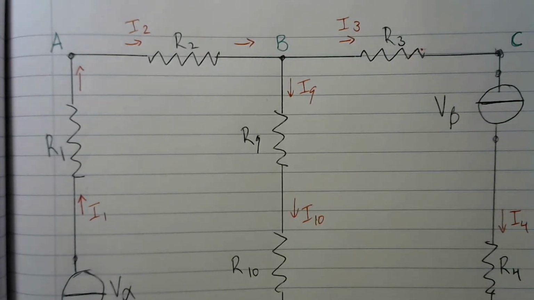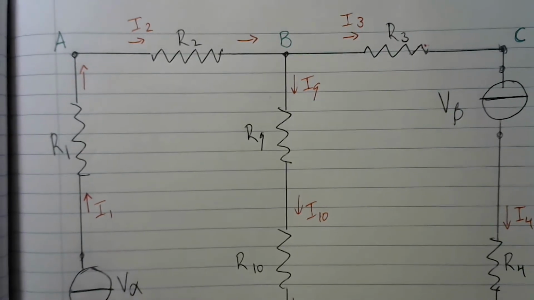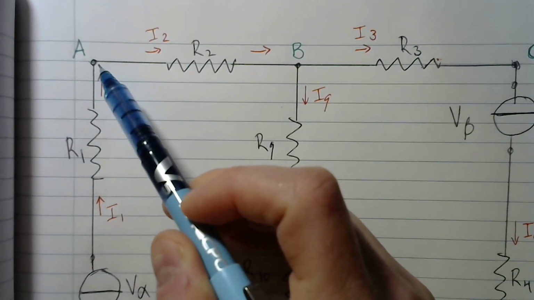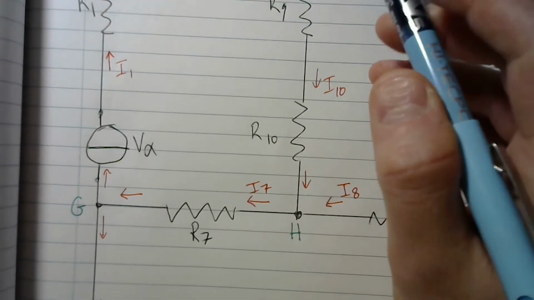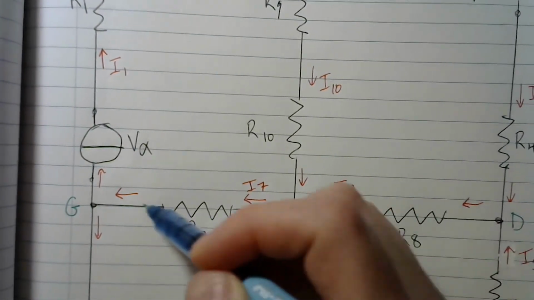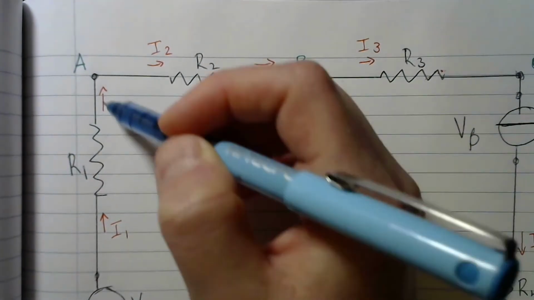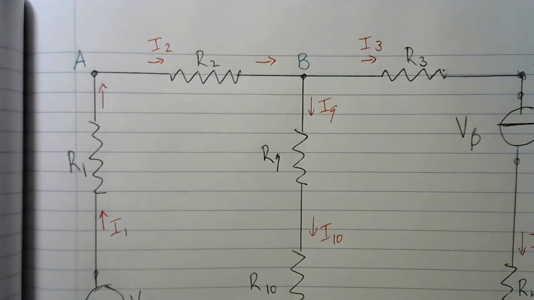The first loop that we are going to verify is loop ABHGA. That means you're starting from point A, going to point B, down to H, over to G, and then finishing up back over here at A.